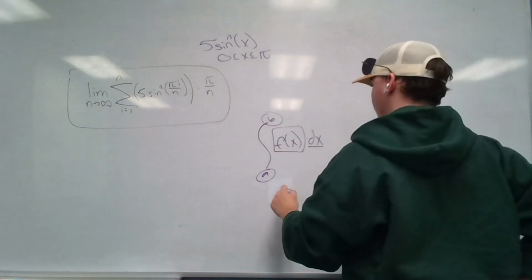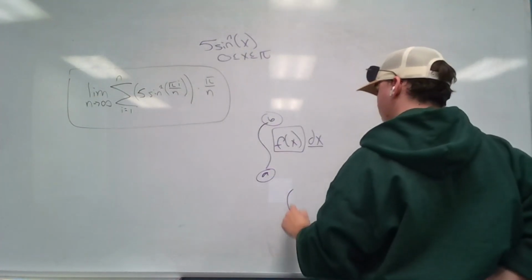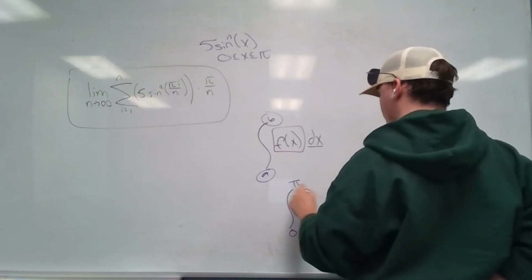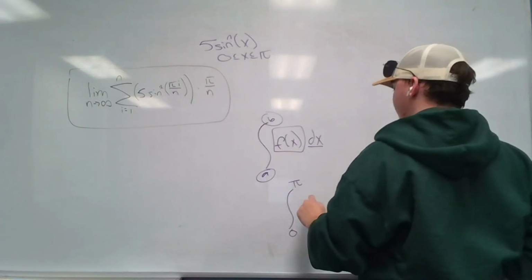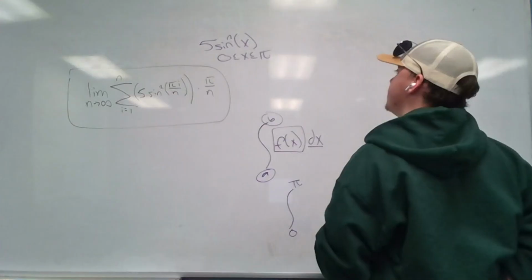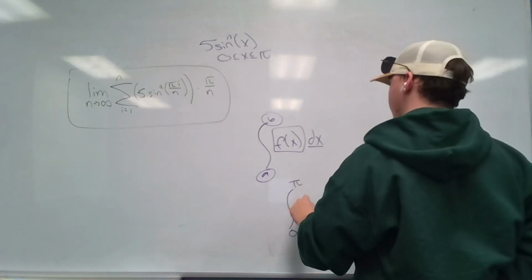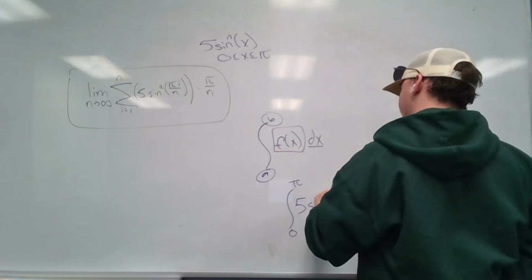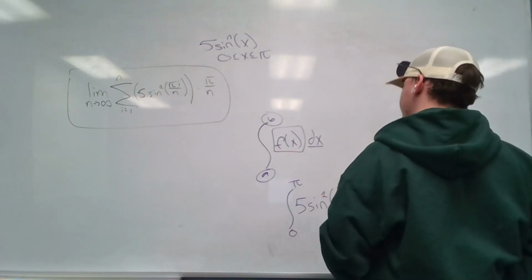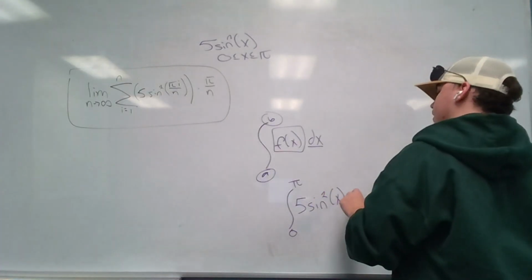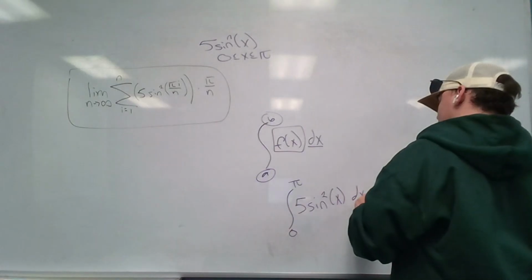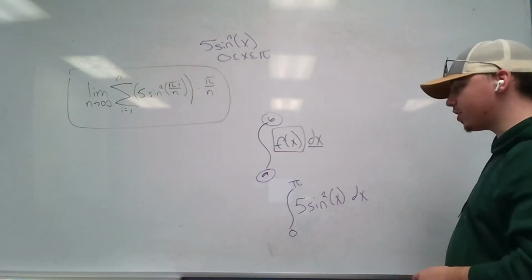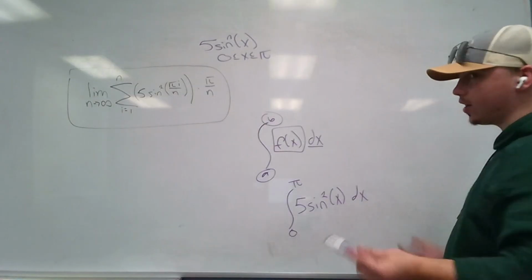This would look like, in reality, 0 to pi. So it starts from 0, goes to pi, and then it is the formula 5 sine squared x dx. Like I said, don't worry about what dx is, it's just there for kicks. And there you have it. That's your integral. You can actually plug this into your calculator and it'll work.